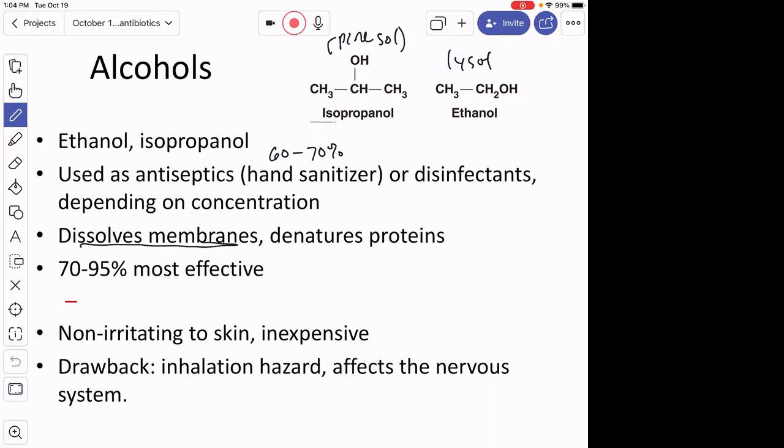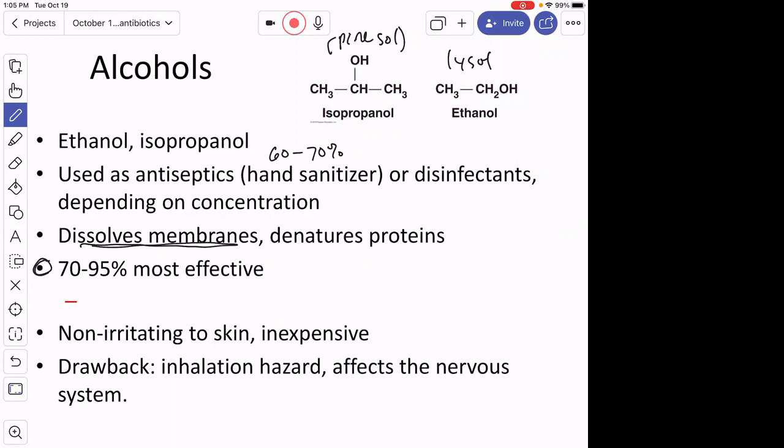So how do alcohols work? Primarily, they're really good at dissolving membranes. They're also able to penetrate into those microbes and denature proteins. So they work both on the outside of the cell and inside of the cell. Generally we use between 70 and 95% concentration. You may think, well, why not 100%?